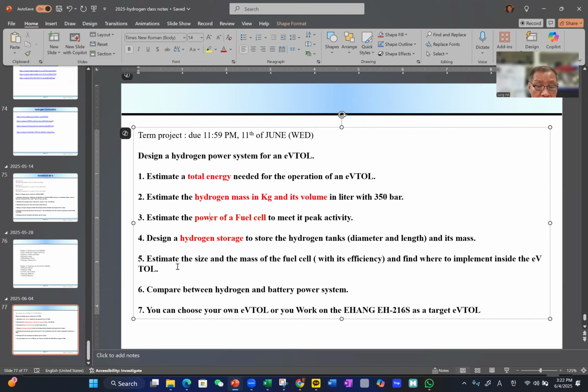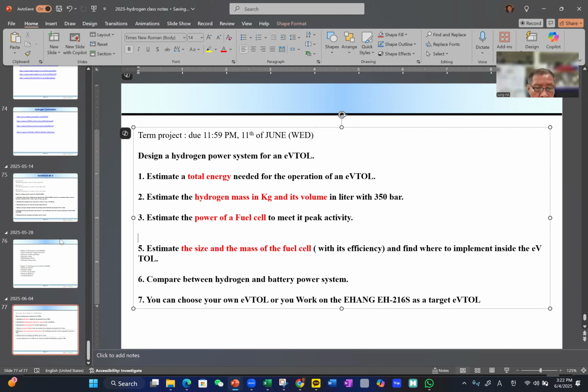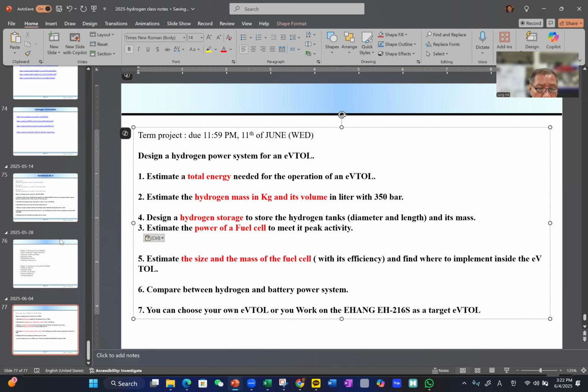And then the size or mass of a fuel cell. I would change this order, put it here.